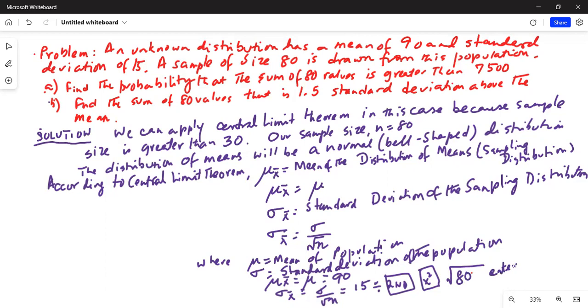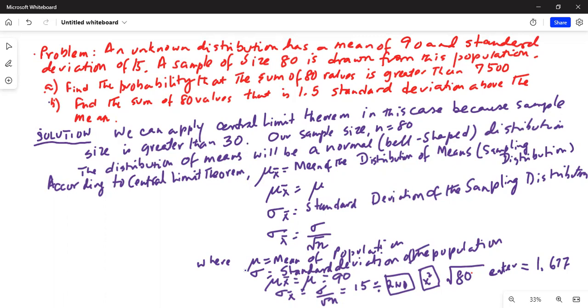So I have 15 divided by the square root of the sample size of 80, and the answer is 1.677. So sigma x bar is equal to 1.677, and mu is 90, as I've already established.